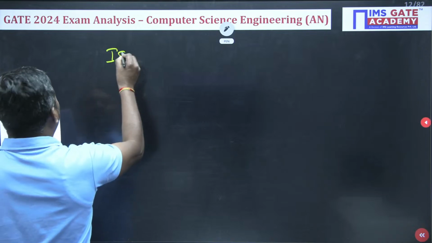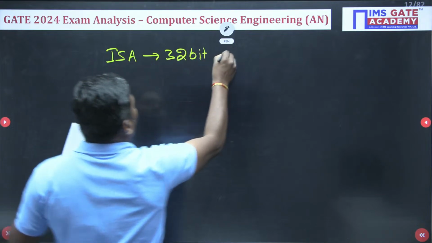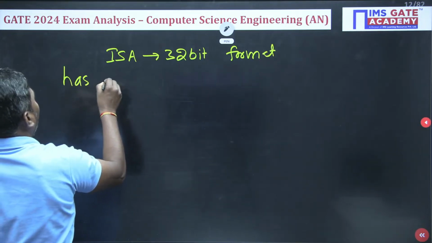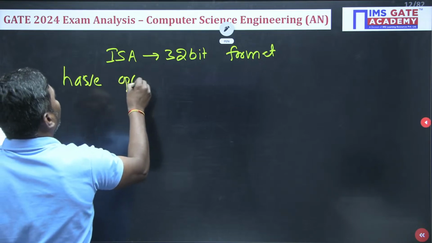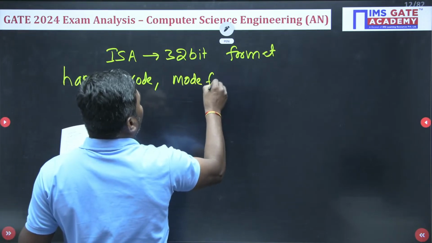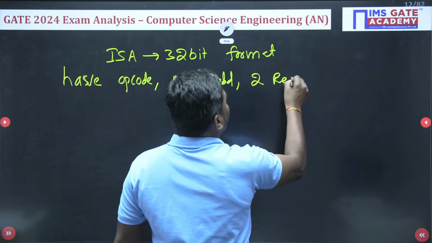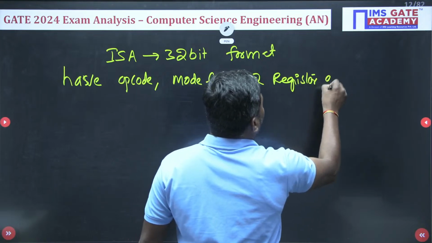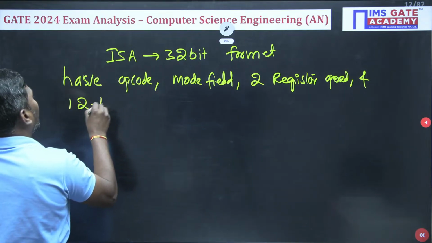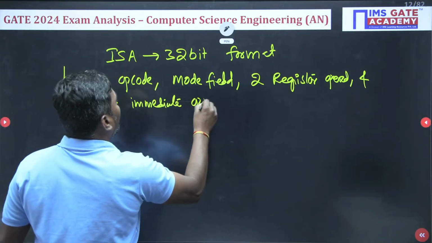The instruction set is given with a 32 bit format, having an opcode field, a mode field which defines the addressing mode, 2 register operand fields, and a 12 bit immediate operand field.